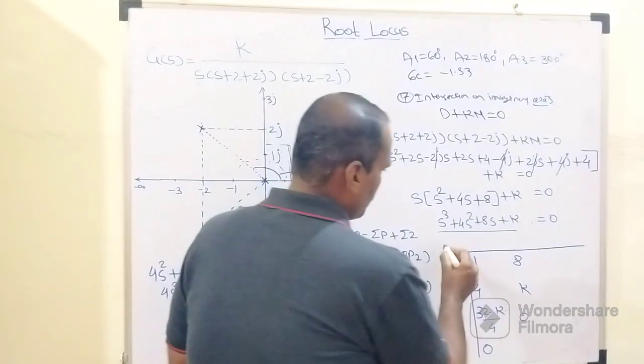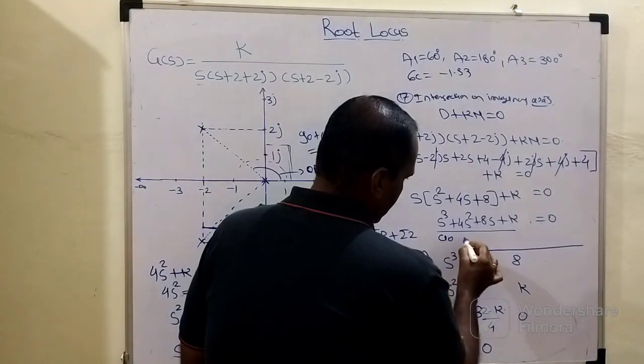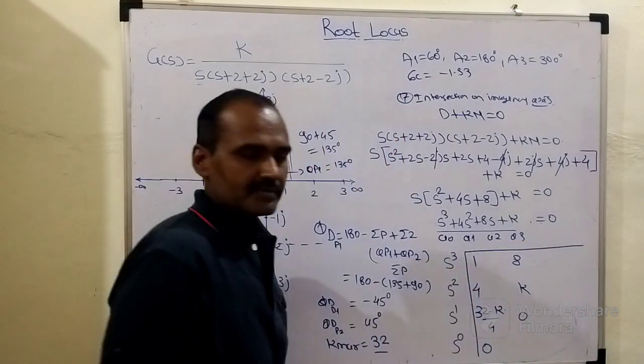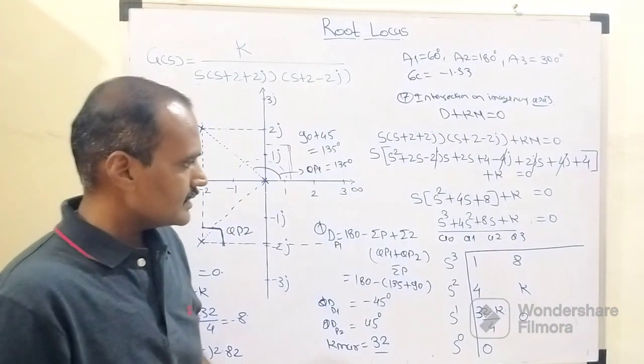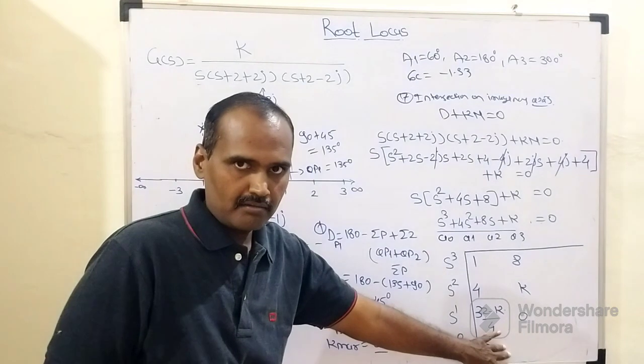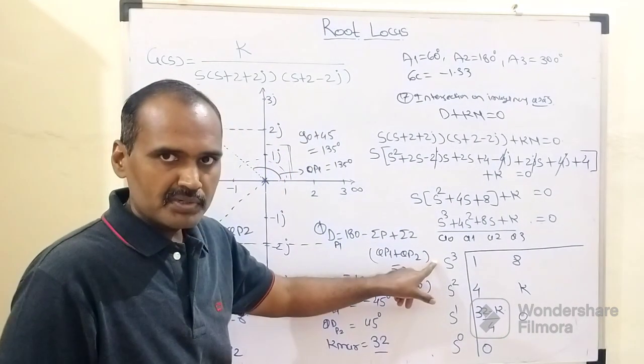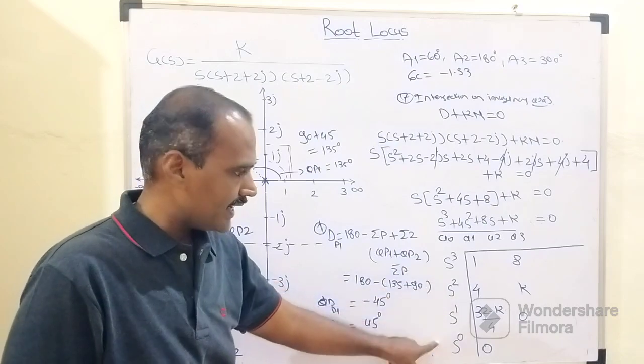For that purpose, we map this characteristic equation as a0, a1, a2 and a3. Then we declare the Routh array, in which the highest degree is 3, so 3, 2, 1 and 0.